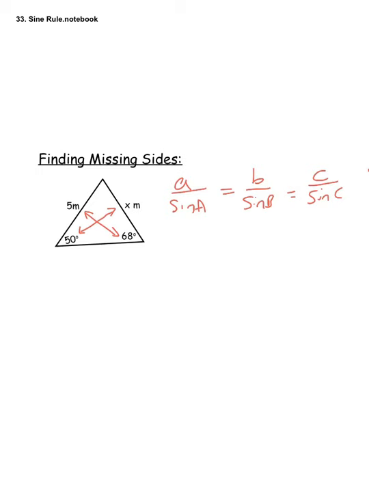We're going to now substitute in the information that we've got in the diagram. So here we have our unknown variable with our 50 degrees. So that's A over sine A becomes x over sine 50. And then B is going to be 5 meters and sine B is going to be sine 68. So we've got 5 over sine 68.